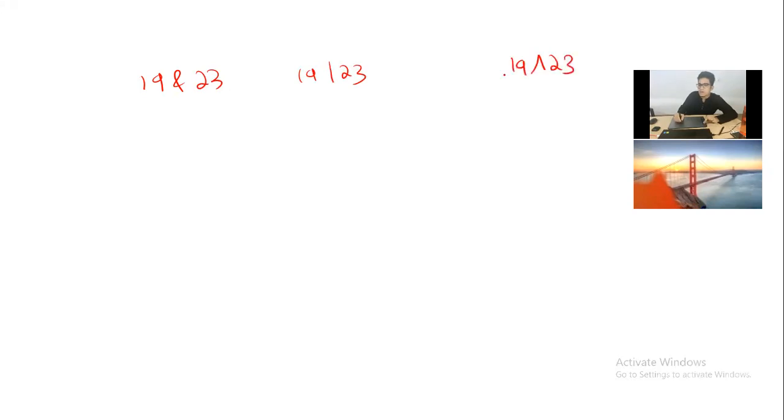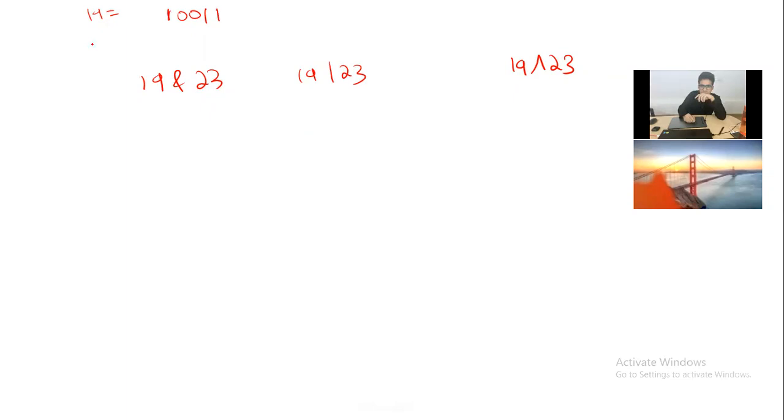So for 19, what is the binary value? Let's see, for 19, the binary value would be: 9 into 2, yes. So this will be our binary value of 19. You can test it if you want.